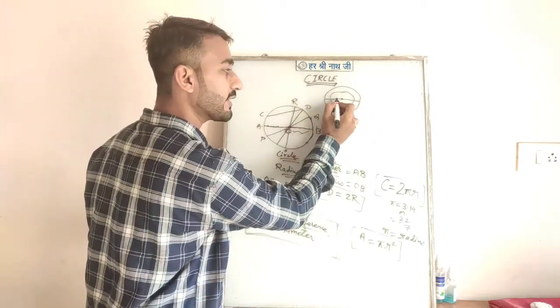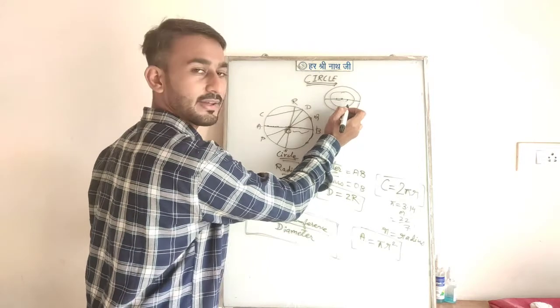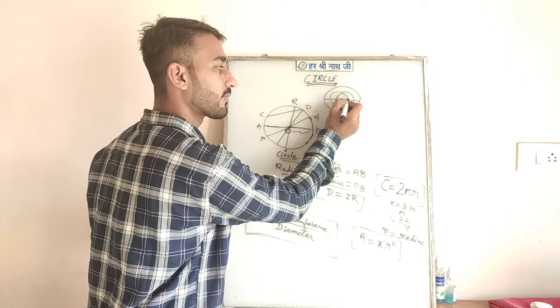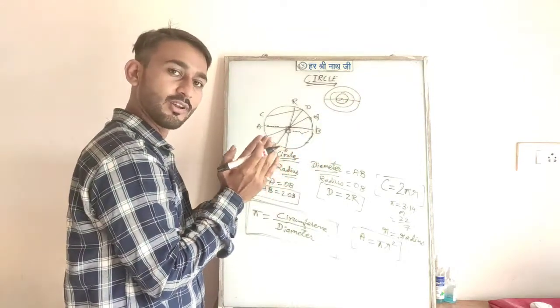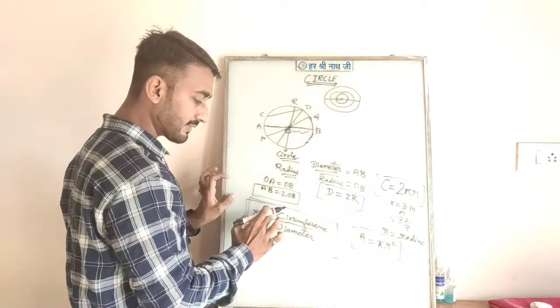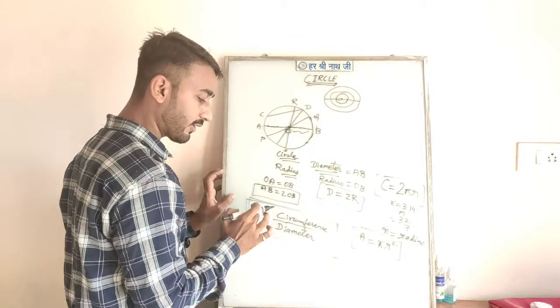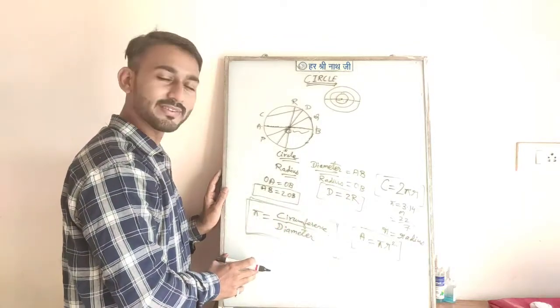If I shorten it, I'll make a small circle, and the diameter will be up till here. So my circumference will also get shortened, right? It will also decrease. So this is the reason the value of pi is 22 by 7, and the formula is circumference upon diameter. Hope this is clear to everyone.